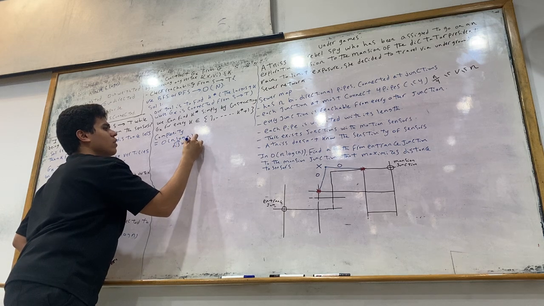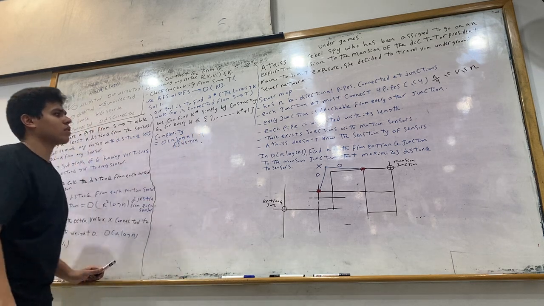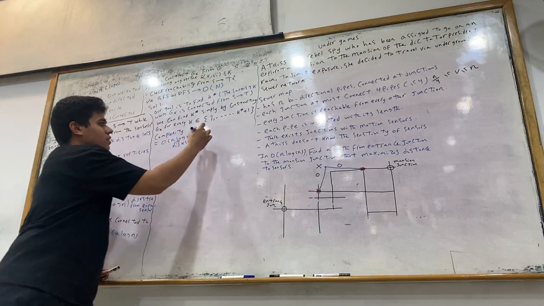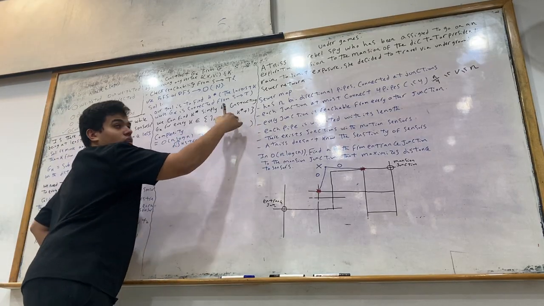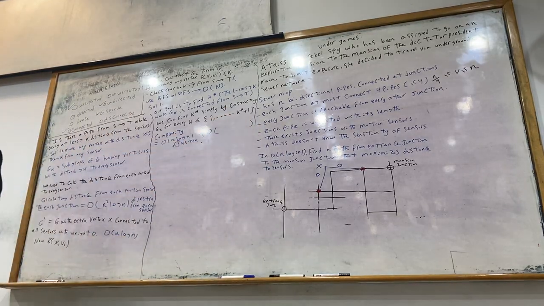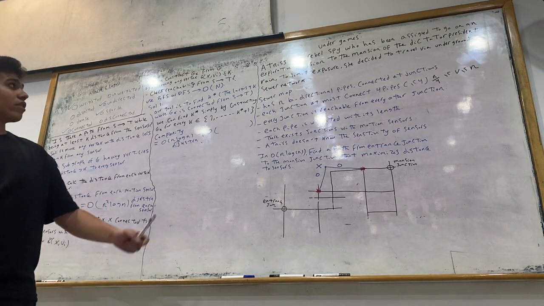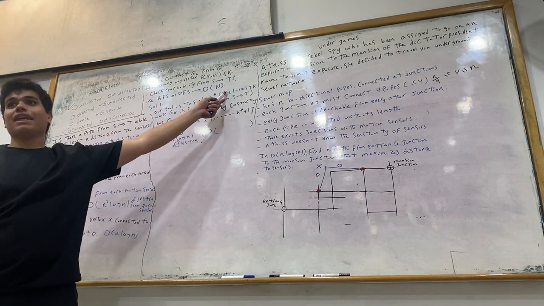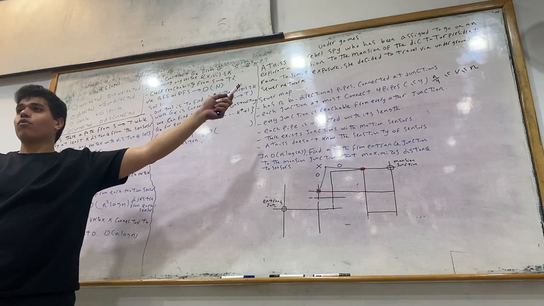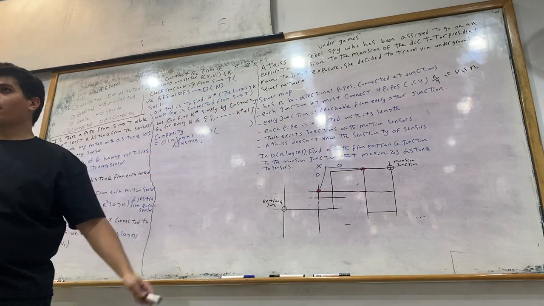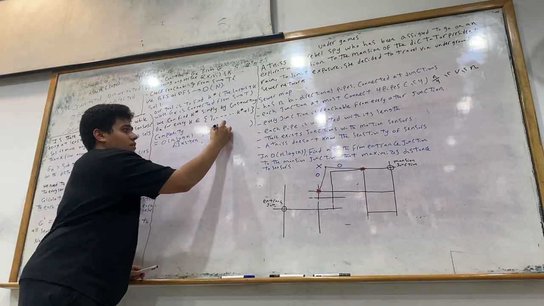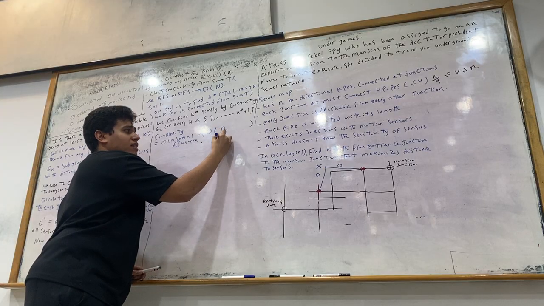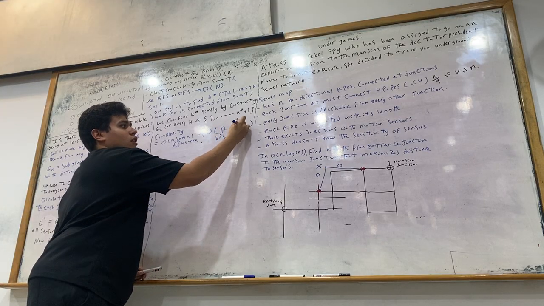Plus, I'm going up to K star, and each time I'm checking reachability. With 1 I check reachability, with 2 I check reachability. Checking reachability requires n, using BFS. I check it each time from 1 to K star plus 1, which is K star times. So it will be n multiplied by K star.